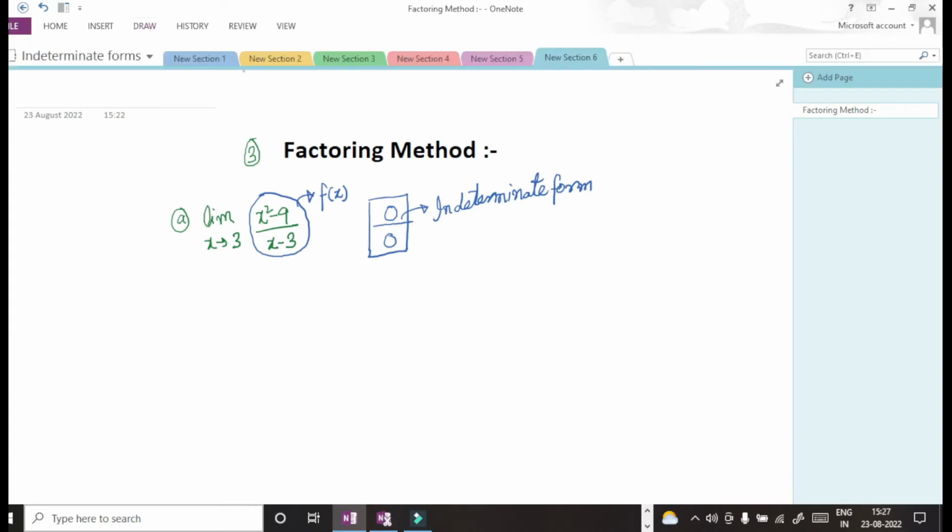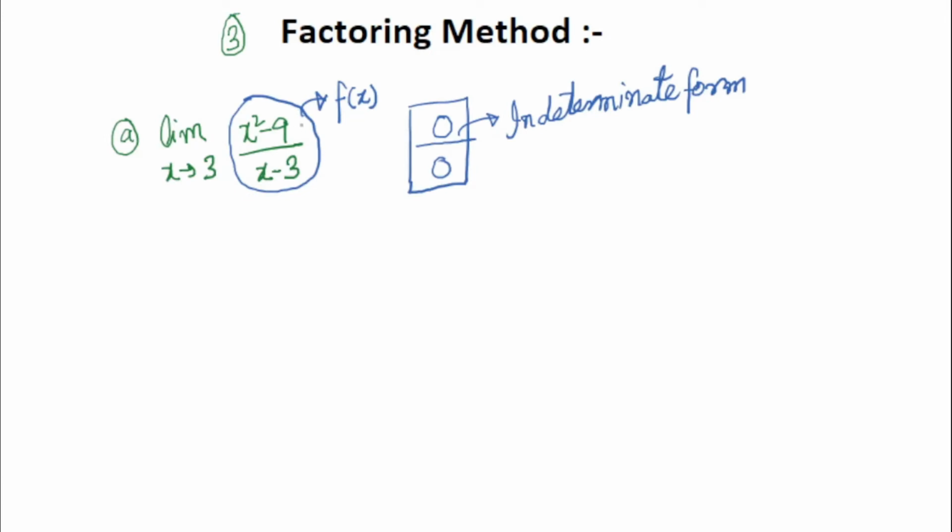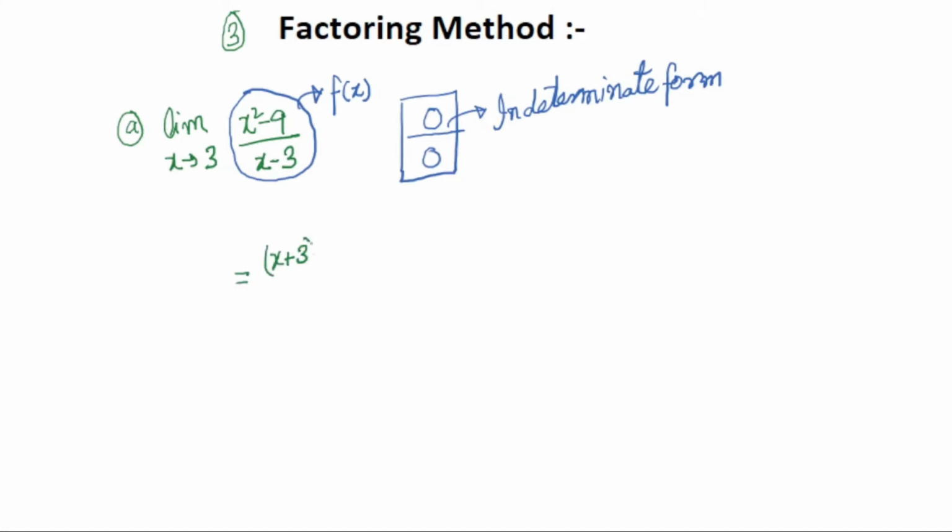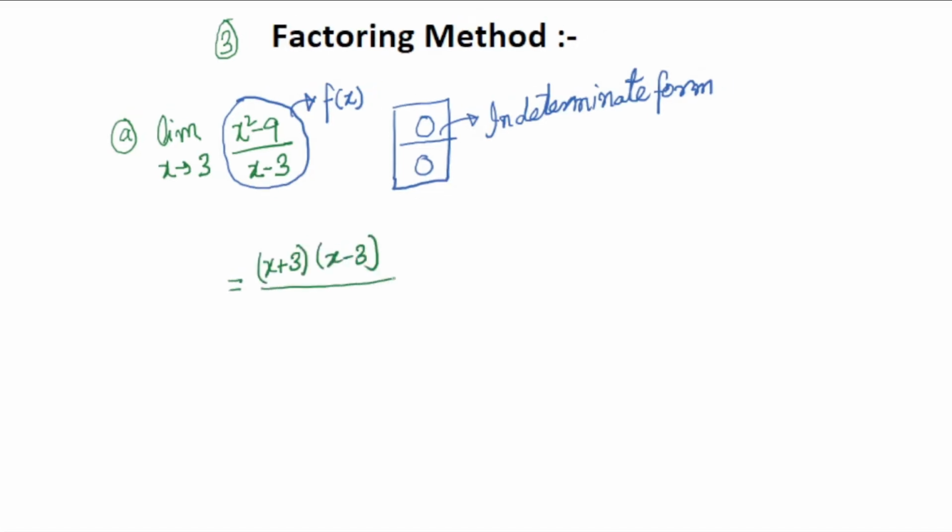Let's see. If we analyze the first term in the numerator, there is x square minus 9. We know the algebraic identity a square minus b square is equal to (a plus b) in the first round bracket and (a minus b) in the second. In the numerator we have x square minus 9, and if we write 9 as 3 power 2, the same identity applies here. So the numerator is going to be (x plus 3)(x minus 3), and in the denominator we have x minus 3.